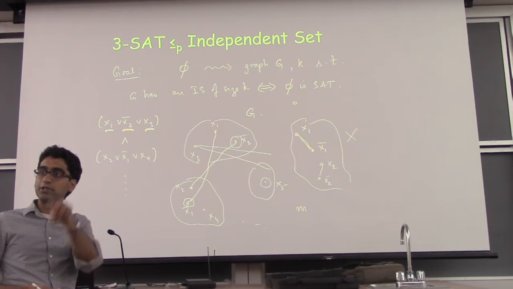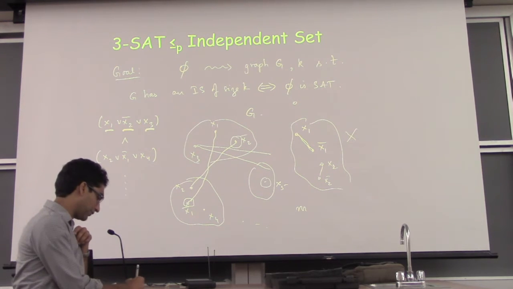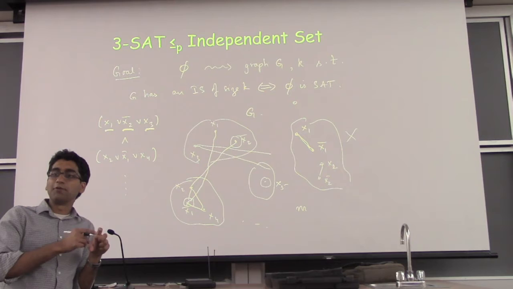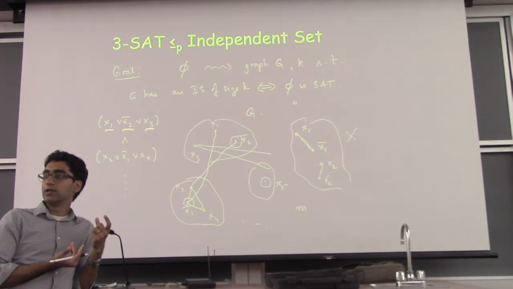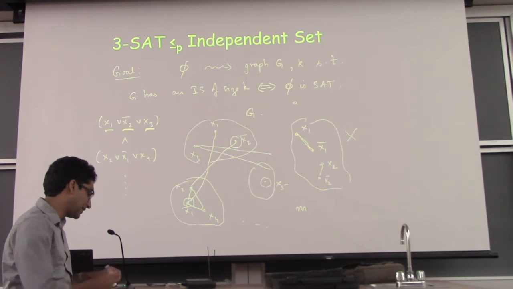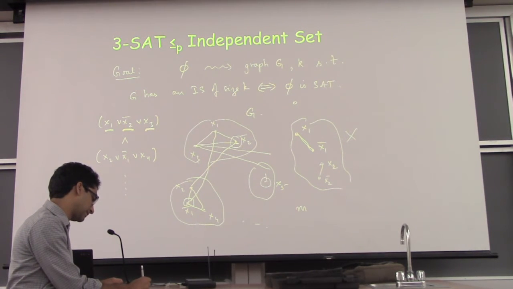An easy way is to just put a triangle between them. So if you add these edges, there's no way I can pick more than one from this clause. So it's actually very easy. You just add a triangle between each of these clauses, and that's it.